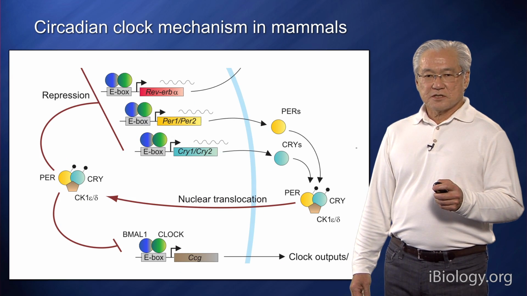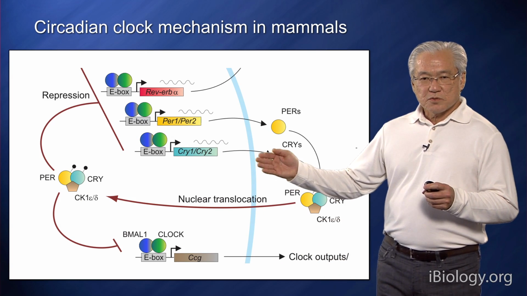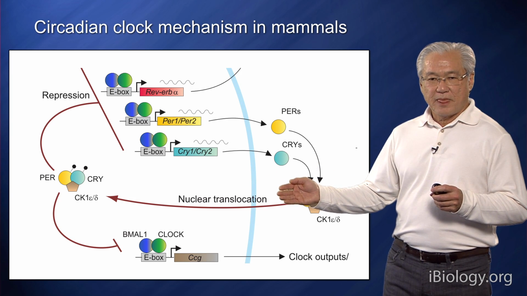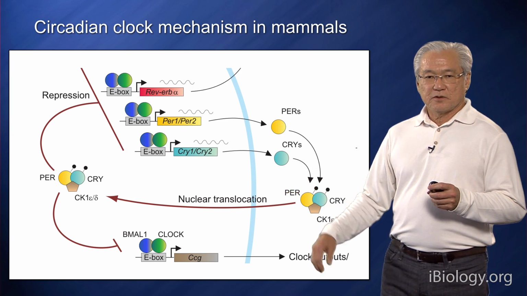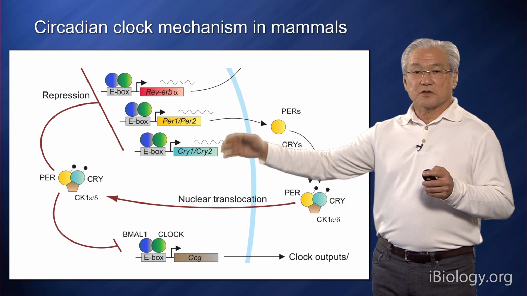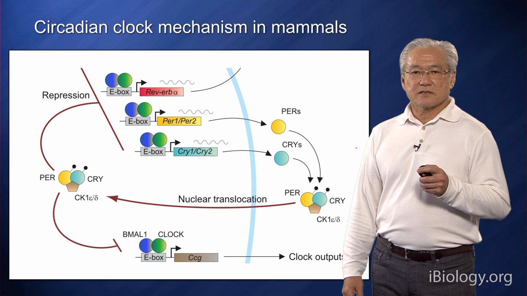For this lecture today, what I want to do is really focus on what we call the core feedback loop, and in particular focus on CLOCK and BMAL1, the transcriptional activators in this system.